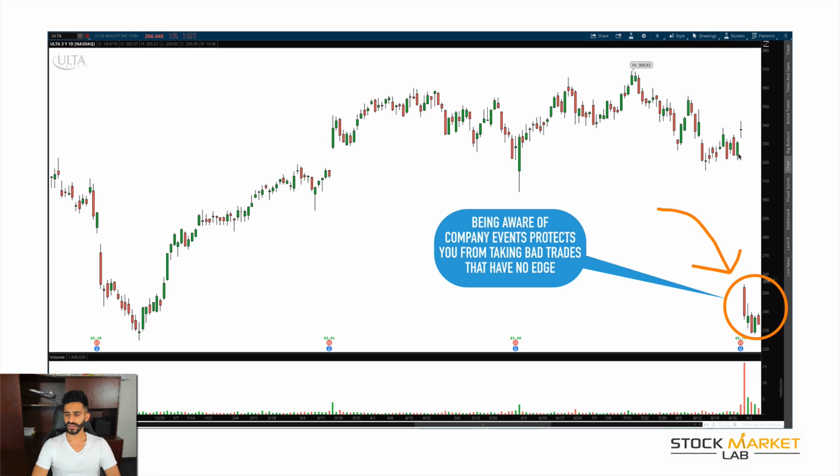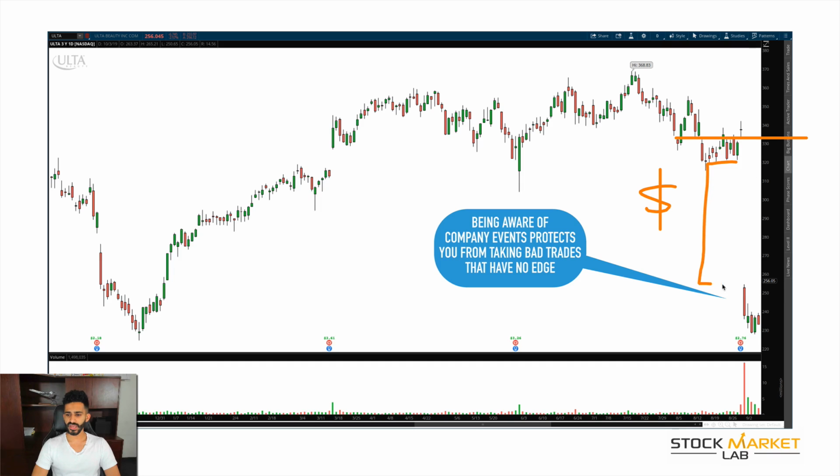Look what happens the next day and the following days. Stock misses earnings, right? Gaps down and starts taking a huge hit. Yes, obviously, if you shorted this or if you bought puts, you would have made a lot of money, but there's no edge there. There's no real way of knowing that, right?